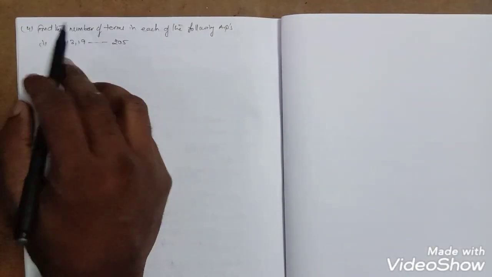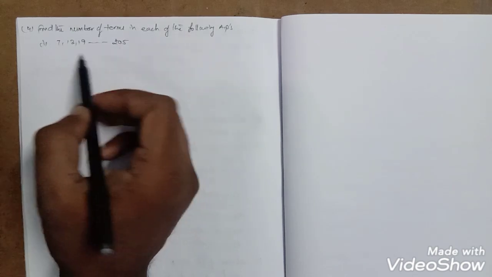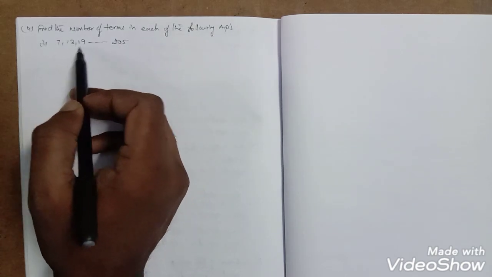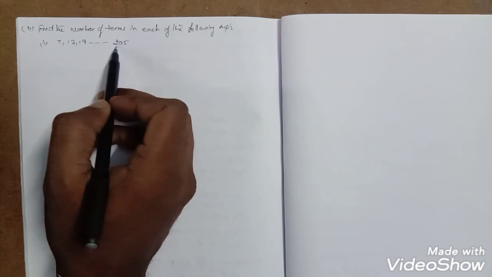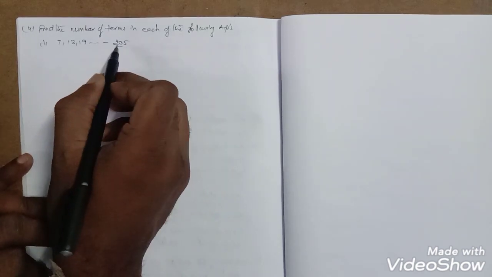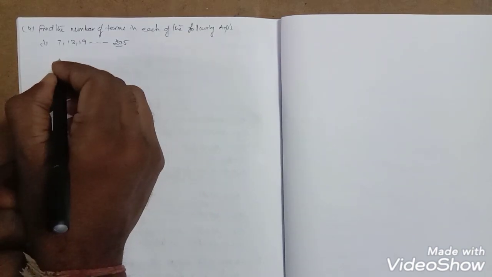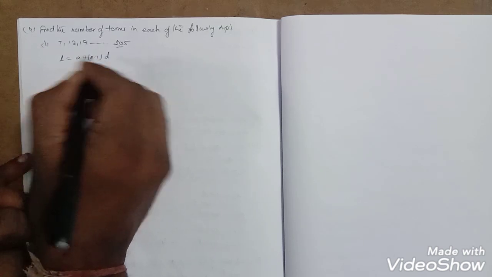So your next question is given as, find the number of terms in each of the following arithmetic progressions, where the series is given as 7, 13, 19 and so on up to 205. This 205 is nothing but the last term. So students, yesterday we have learned whenever they give the last term, your formula will be L is equal to a plus n minus 1 into d.